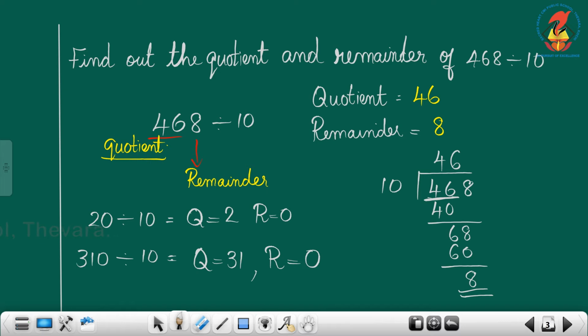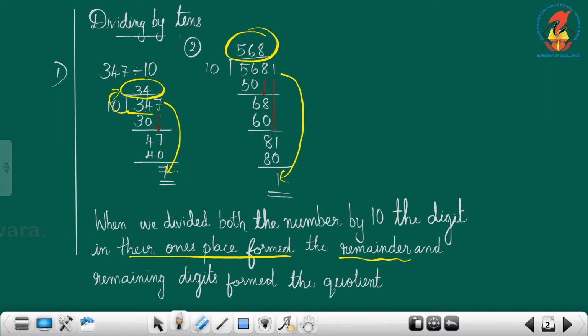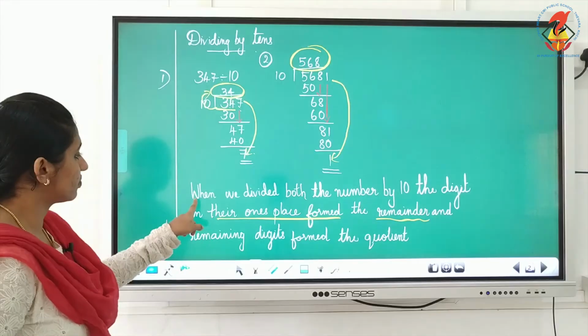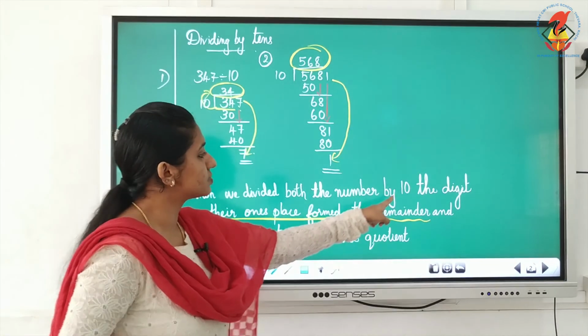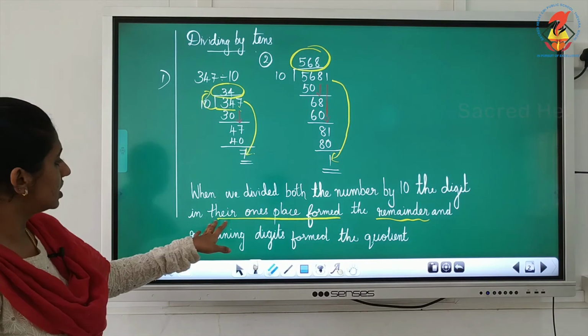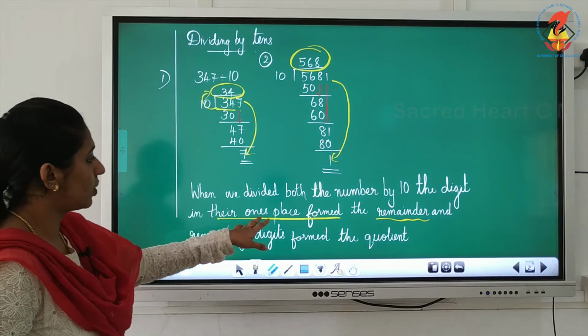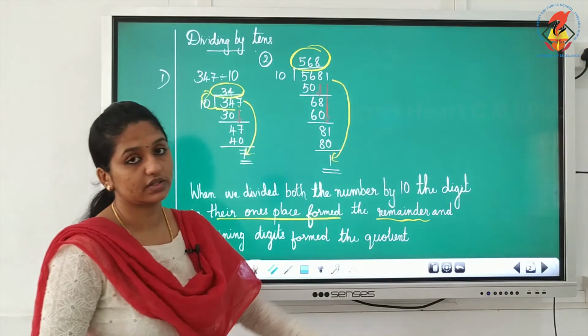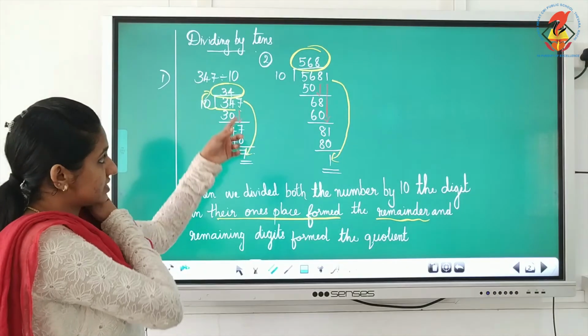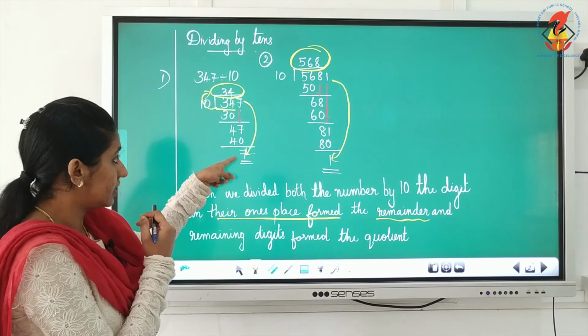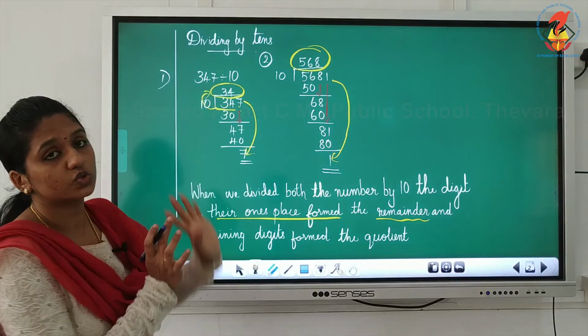Have you understood? When we divide both the numbers by 10, the digit in their ones place forms the remainder. The ones place number goes to the remainder. The remaining number is the quotient.